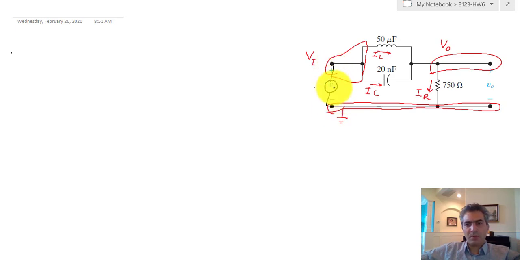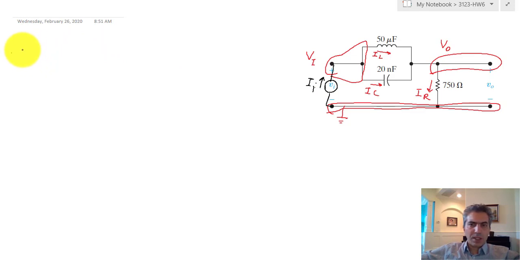Whenever there's a VI, that means there's a signal source there, and therefore there's actually a current II here too. You can write a KCL equation for that node that says II is equal to IL plus IC, but that's really not necessary, because we are looking for a ratio between output and input as opposed to absolute values, and therefore one of these equations is not important. In other words, we assume VI is already known.